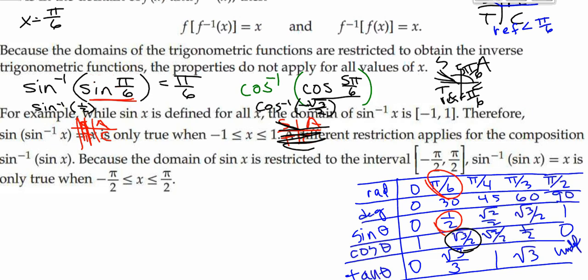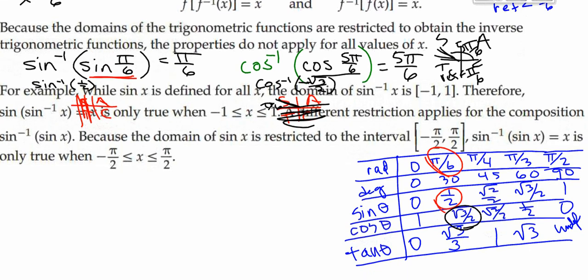The reference angle for the square root of 3 over 2 is still pi over 6, but now this angle is 5 pi over 6. So these two examples make me think that if I do the inverse sine of the sine of an angle, I get the angle, and if I do the inverse cosine of the cosine of an angle, I get the angle.